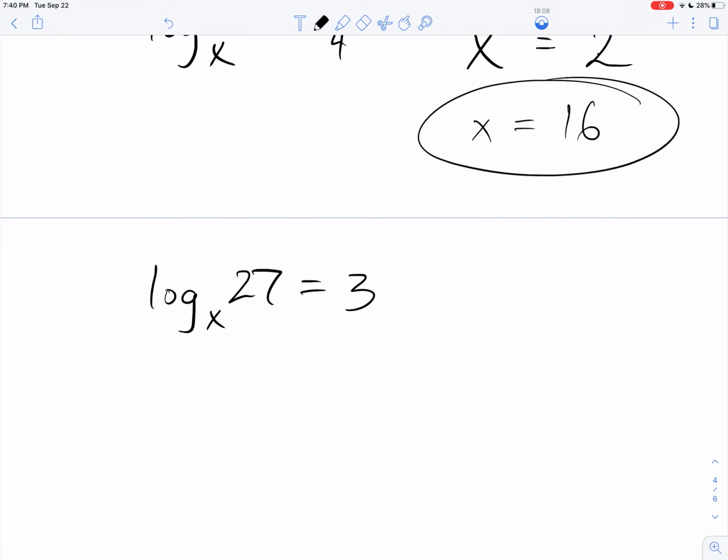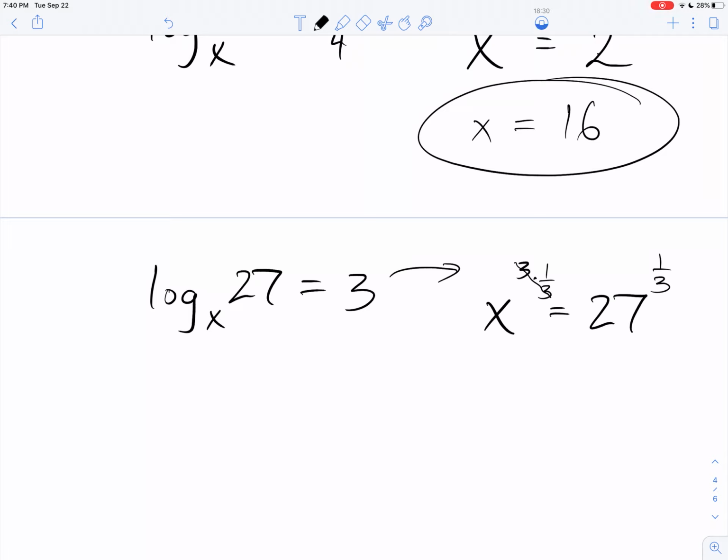Yeah, but what about this one? It looks really bad. No, convert it. The base stays the base. Flip-flop. And then you go, well, what do I do? Reciprocal power. Well, the reciprocal of 3 is 1/3. And then you go, oh, over here it would cancel. Over here it would be 27 to the power of 1/3.